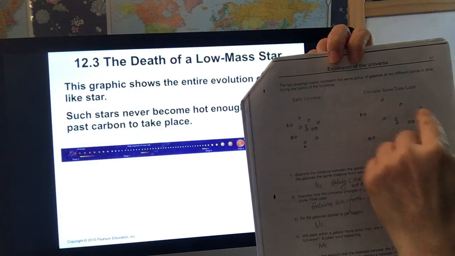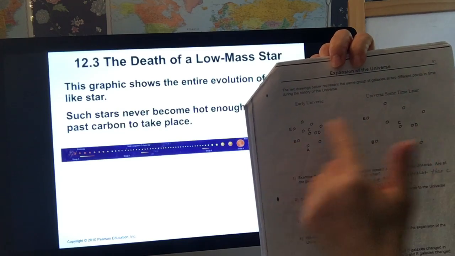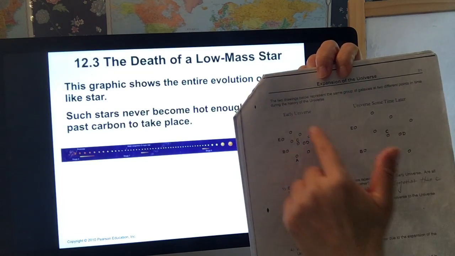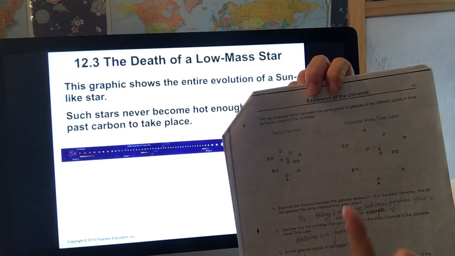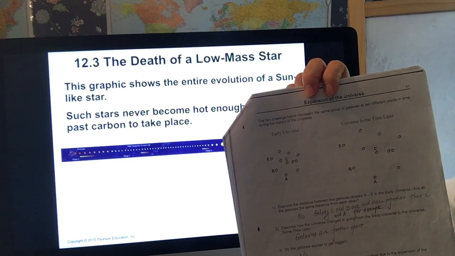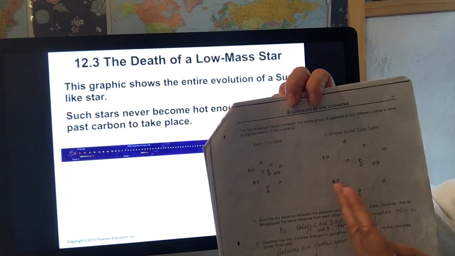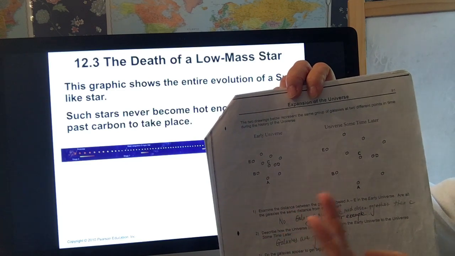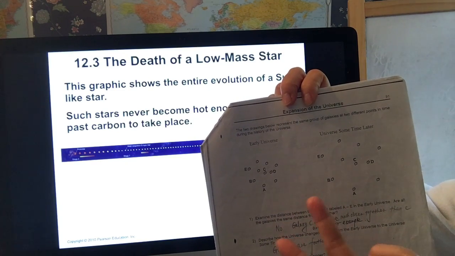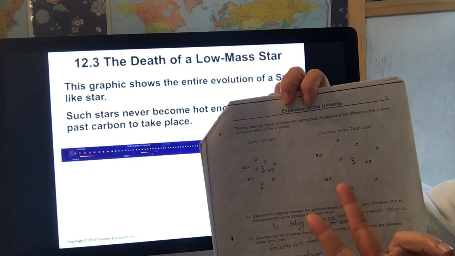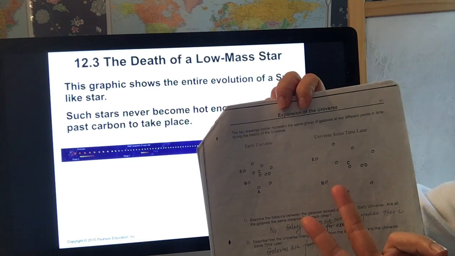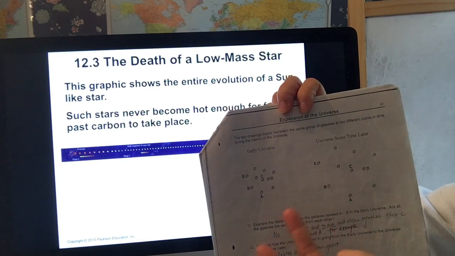you'll find out, okay, these two are the diagrams. The first diagram shows you the early universe, where the galaxies are closer to each other. On the right hand side, you will see the universe sometime later, and it's obvious that the galaxies are moving away from each other after some time.